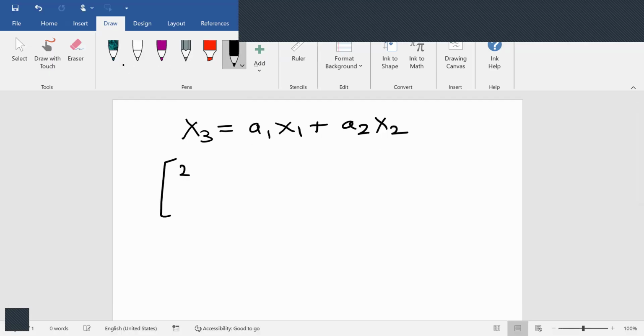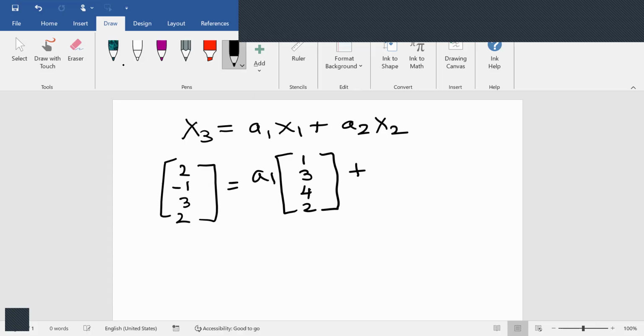So 2, minus 1, 3, 2 is equal to a1 times x1, which is 1, 3, 4, 2, plus a2 times x2, which is 3, minus 5, 2.